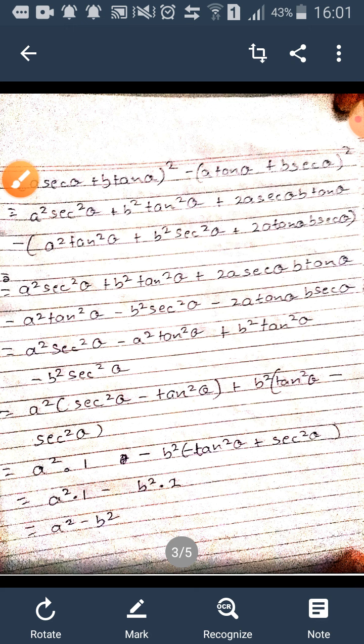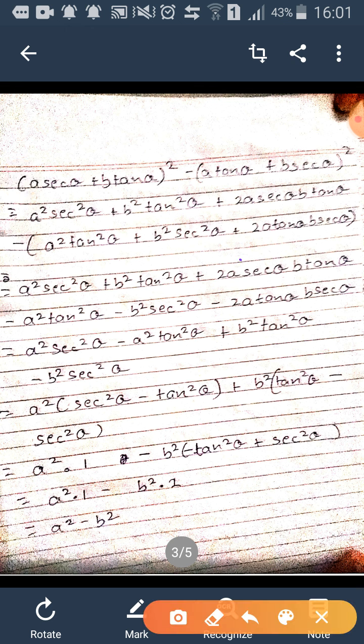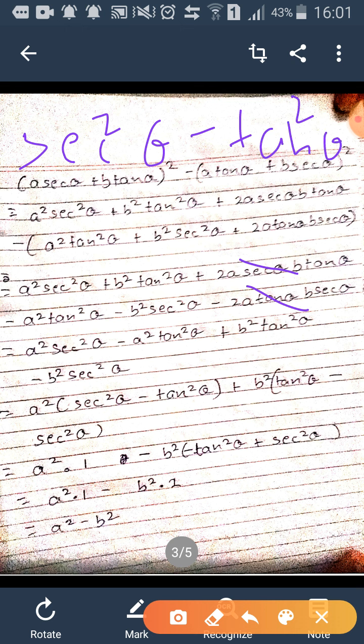So this thing and this thing get cancelled out now. Now you need to arrange it. Your main objective is to rearrange the sum in the form of sec square theta minus tan square theta. So you will rearrange it like this. You have plus a square sec square theta minus a square tan square theta, you arrange it together over here. You have plus b square tan square theta minus b square sec square theta.